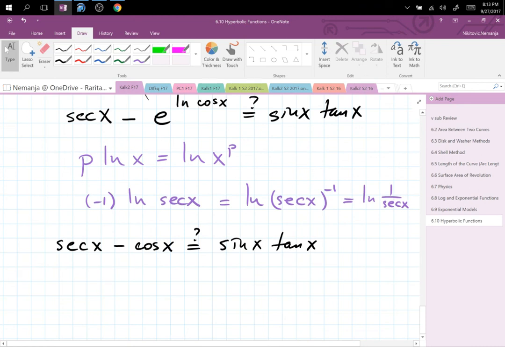And now we converted the problem into a trig identity, so now you have to figure out what to do here. Now you are allowed to actually work on both sides if you want to at the same time, but as you can see, on one side you have multiplication, on the other side you have subtraction. So what should we do?